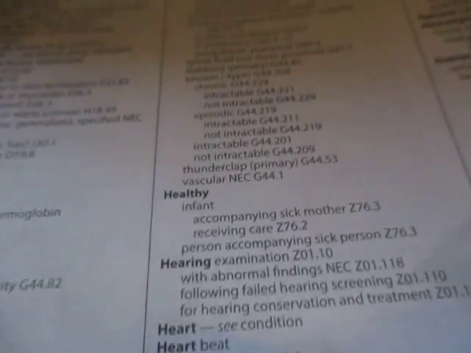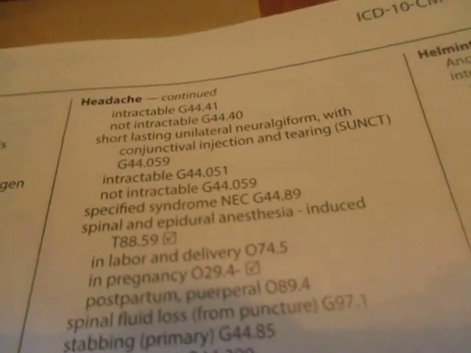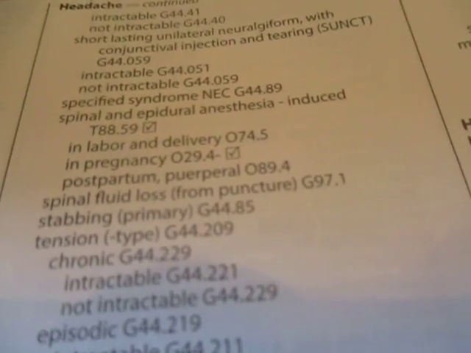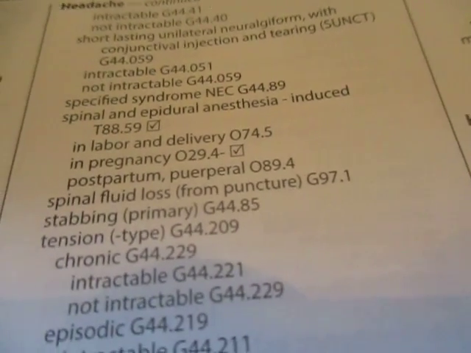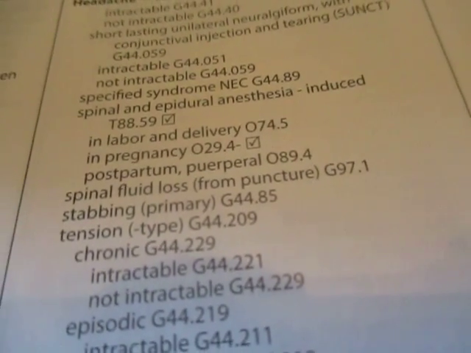if I find tension, I'm still under headache. And if I go to tension, see how it's G44.209 for tension.